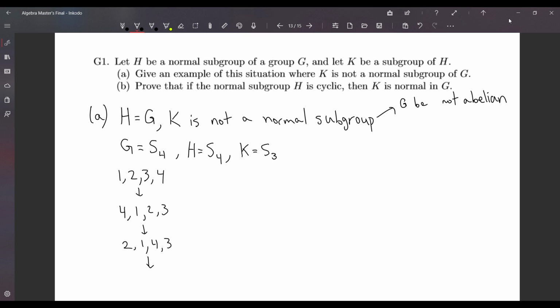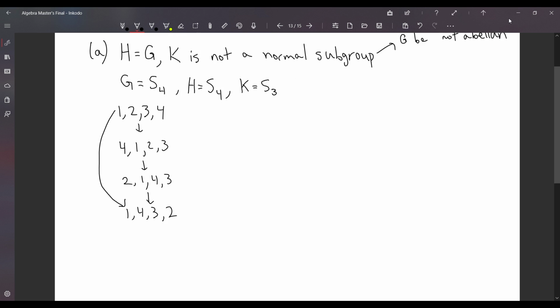Then we apply the inverse, so we cycle to the left, and that gives us 1, 4, 3, 2. This total permutation did not fix 4, so it is not a part of our subgroup. This shows explicitly that K is not a normal subgroup of S4.